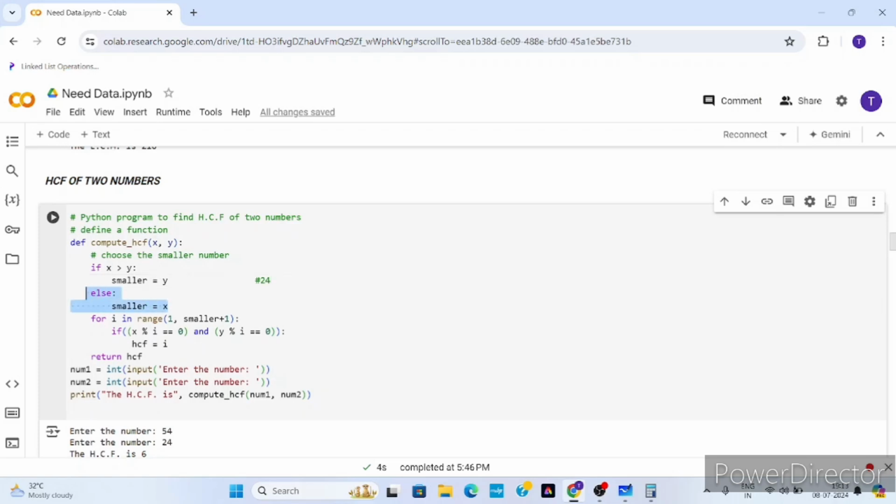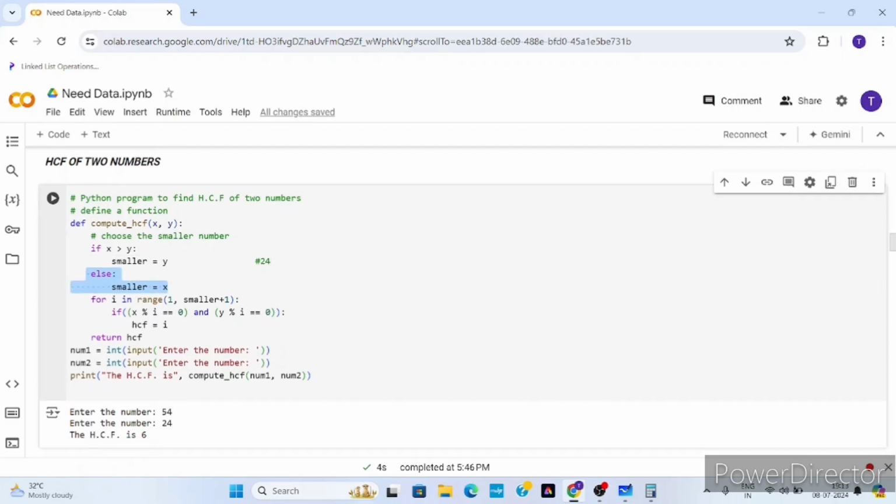So now for I in range 1 to 25. Our value of x is 54. So 54 mod, the starting value is 1.